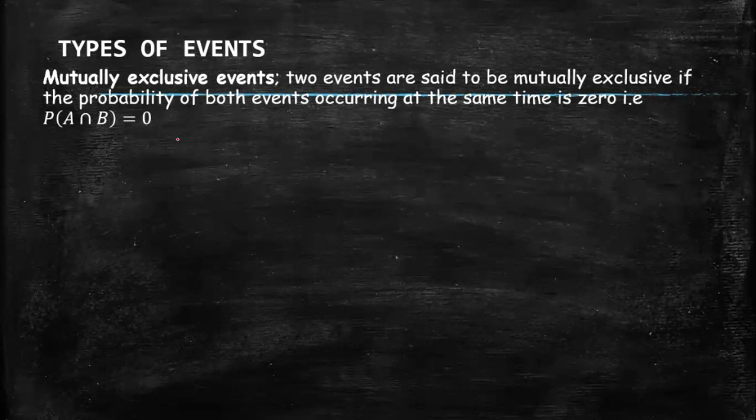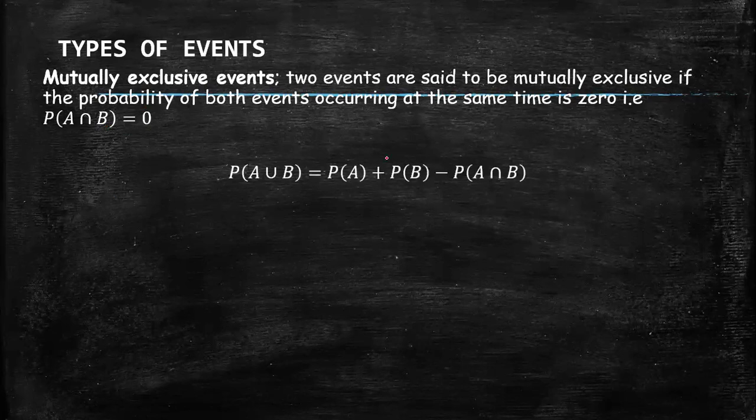Okay, we are saying for mutually exclusive events, the two events are said to be mutually exclusive if the probability of both events occurring at the same time is 0. So in that, we are going to be equating their probabilities to be 0. So if we are using this formula, probability A union B is probability A plus probability B minus this.